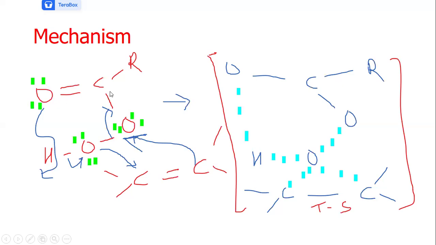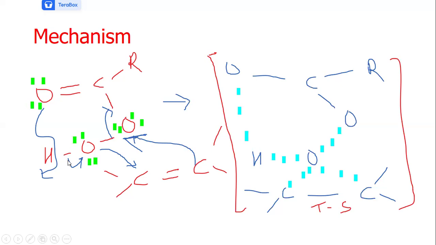Mechanism. This is the peracid, and the alkene attacks this oxygen of the peracid, and this lone pair abstracts this hydrogen, and the electrons of the hydrogen-oxygen bond move toward this oxygen, and this oxygen also has a lone pair of electrons.